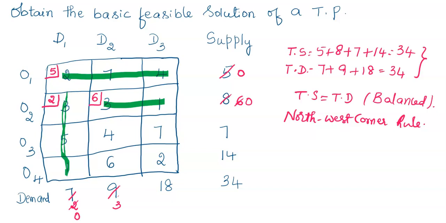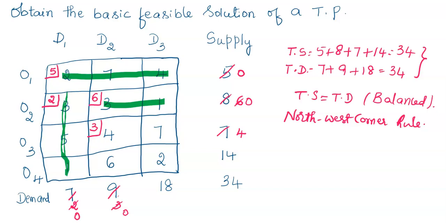Next, we have to proceed with the remaining cells. In the remaining cells, the northwest corner is 4. In this corner, is the supply lesser or the demand lesser? Demand is lesser. You have to consider 3 inside the cost cell and subtract that from the demand as well as the supply. So we are getting 4. Okay. So which is 0, row or column? It is a column.